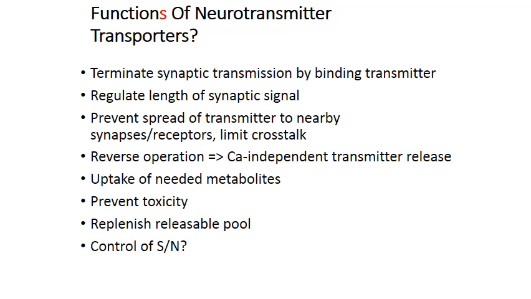Welcome back. All right, so we've talked about terminating synaptic transmitter, but removing transmitter from the cleft may also regulate the length of a synaptic signal and how long that signal will be maintained. It certainly can be used to prevent the spread of neurotransmitters to nearby synapses. By removing transmitter from the cleft, there's less diffusion, so there'll be less crosstalk between different synapses.